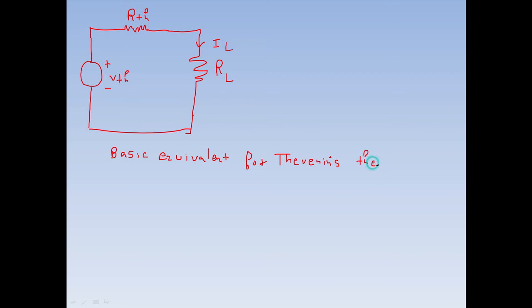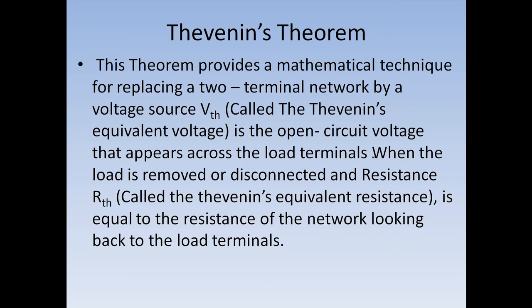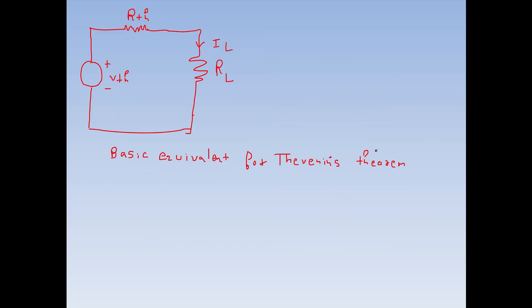It consists of a VTH source, RTH and a load resistance. As we stated, this theorem consists of a voltage source VTH, called the Thevenin equivalent voltage, then the Thevenin equivalent resistance RTH, and then a load resistance RL. So this is the basic equivalent circuit for Thevenin theorem.